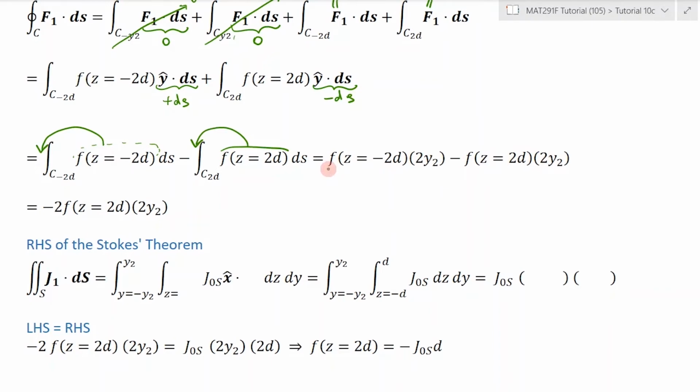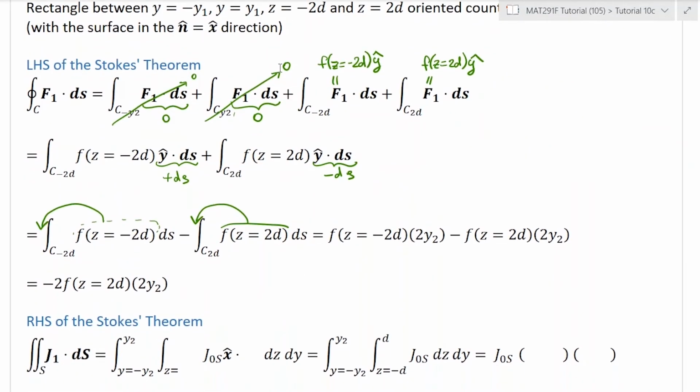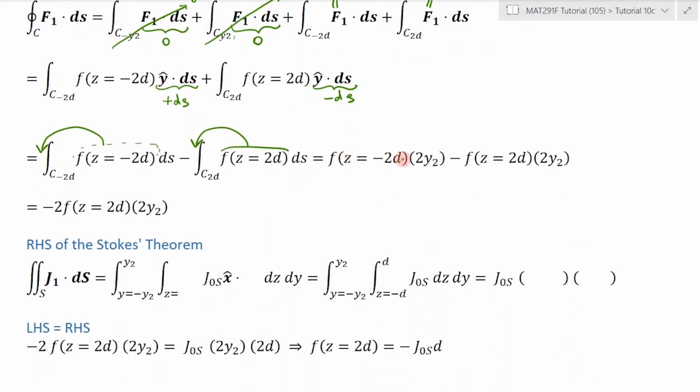The next thing I did is this. We like this guy, f at z equals 2d. The reason why is because the field in question is right here. But f at negative 2d is not what we want. We know that f at negative 2d is negative f at z equals 2d. This is because f is an odd function, so this is just a property of odd functions.